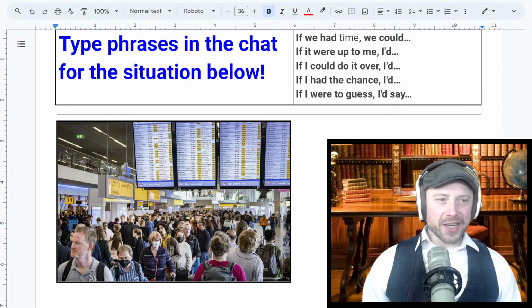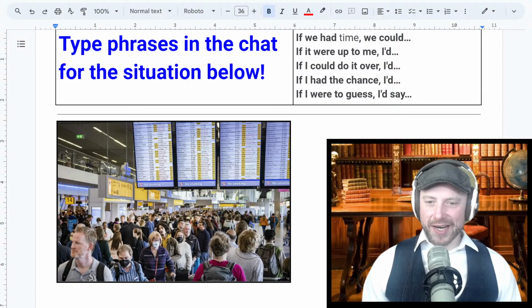Here's the next situation. You can type now in the chat your ideas for this situation, and I'll let you know about the English.